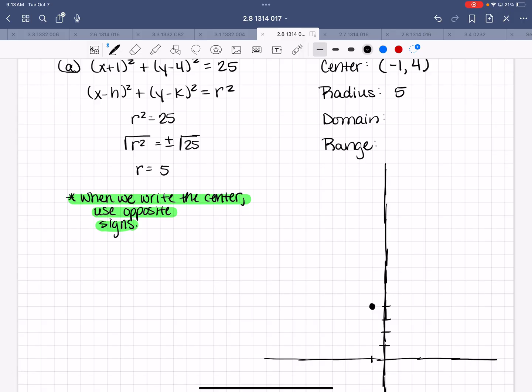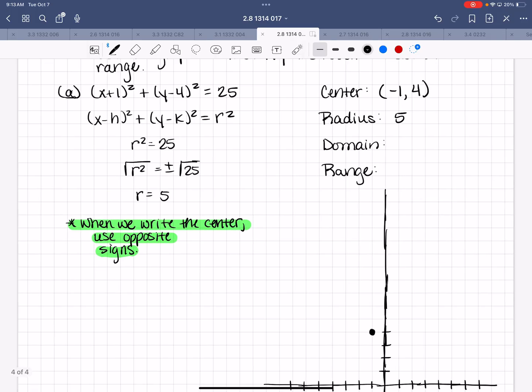The easiest way to do this is to go in all 4 directions: north, south, east, and west, or left, right, top, bottom. We're going to go 5, because the radius is 5. That radius gives me the distance from the center to the outer edge of the circle. So I'm going to go up 5, 1, 2, 3, 4, 5, and make a dot.